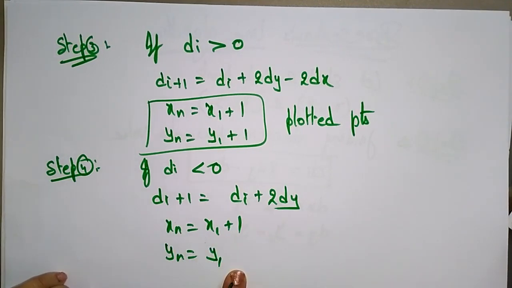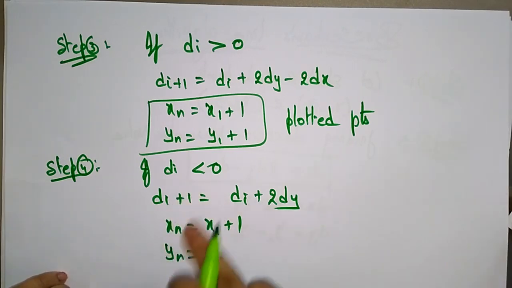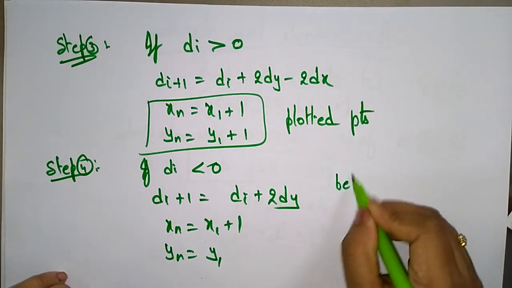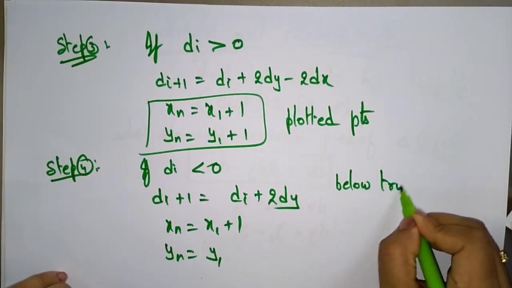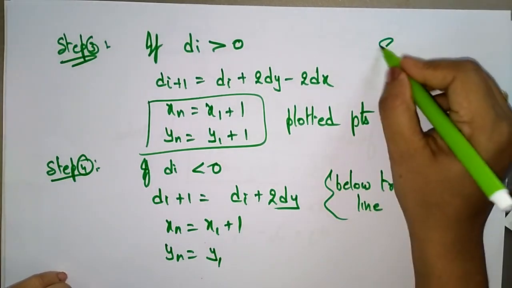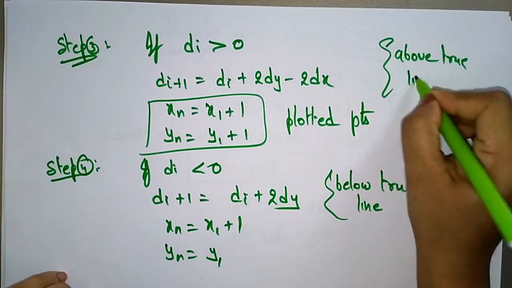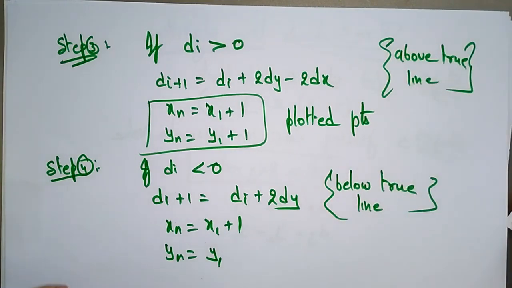There is no need to increment y1; you just accept the previous value. When it is less than 0, it means the point is below the true line. Greater than 0 means above the true line. Just remember this point.